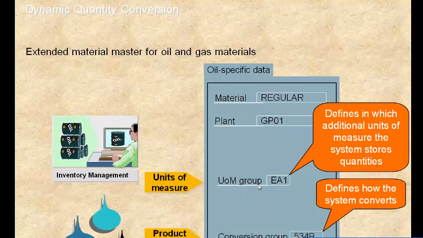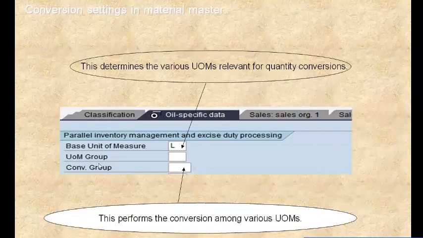And apart from that, we have the unit of measure group. You can see here the unit of measure group, which is, for example, for this material, I want to have L15, L20, kgs, liters, and BBL. For other materials, say XYZ material, apart from these five, I want to have something like BBX also.